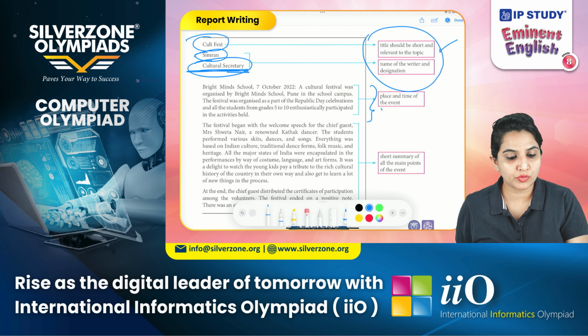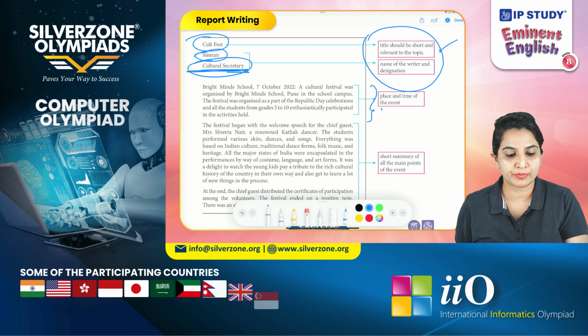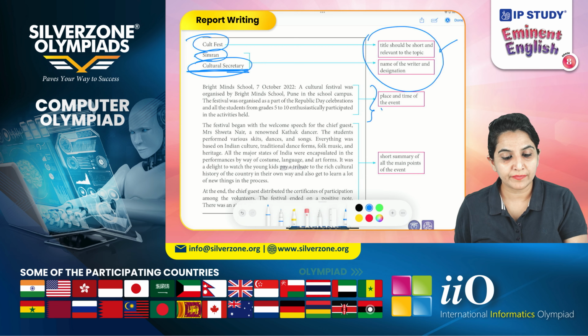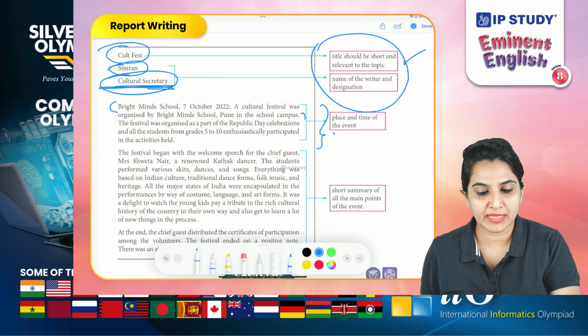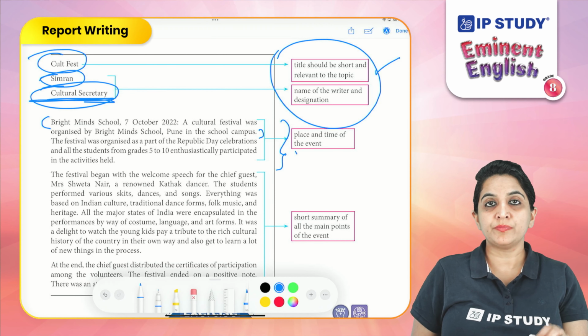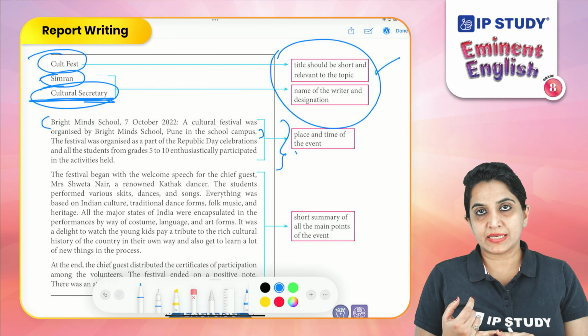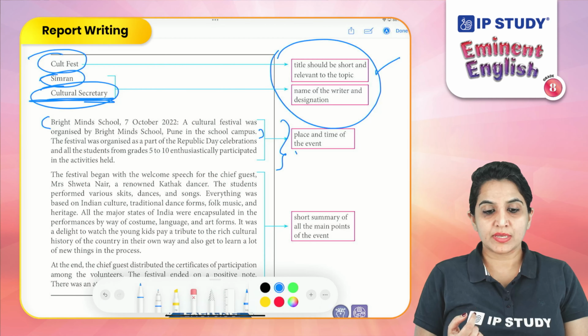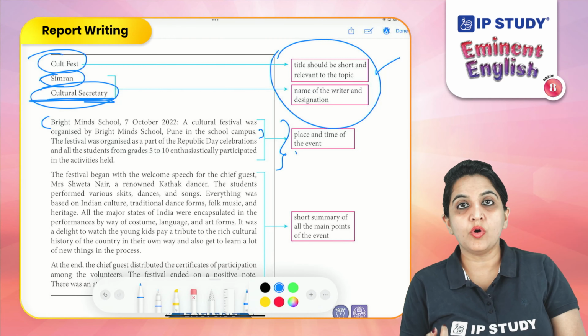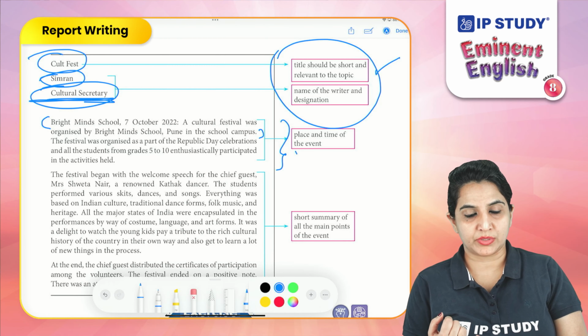Bright Minds School, 7th October 2022. A cultural festival was organized by Bright Minds School, Pune, in the school campus. So right after reading the first line in the first paragraph, we know where the event happened, when it happened, who organized it, and what kind of event it was.